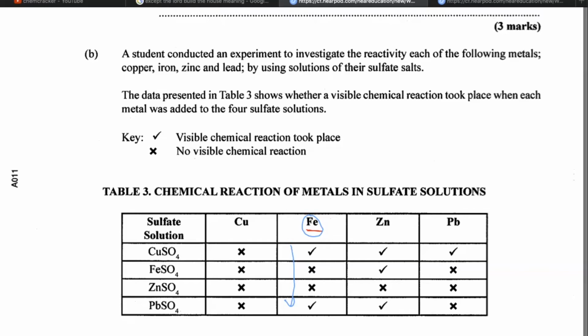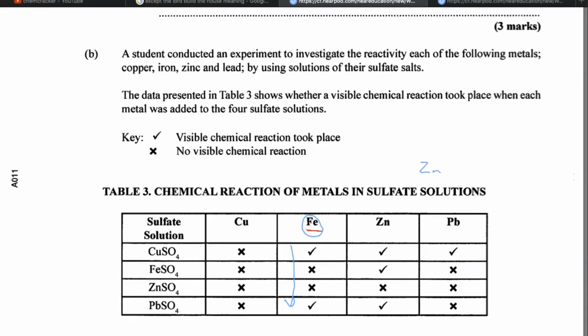So from this, based on the number of ticks, before we even get into the questions, we can determine who the winner was. And it's like football. The one with the most ticks is the one that would be the champion. So the one in first place would be Zn, just as a guide. It has 3 ticks.